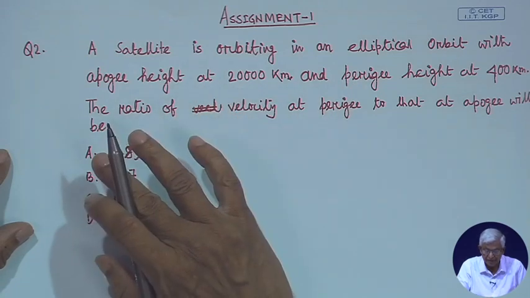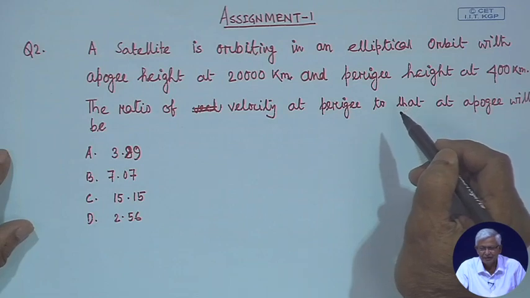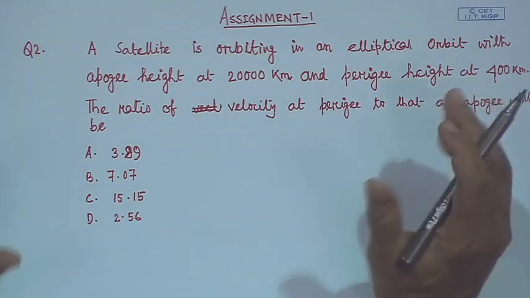Normally in my class I mentioned that we take a model that earth is a sphere and the radius of the sphere is 6,378 kilometer, unless it is specified to be slightly different. So, we will take those numbers.